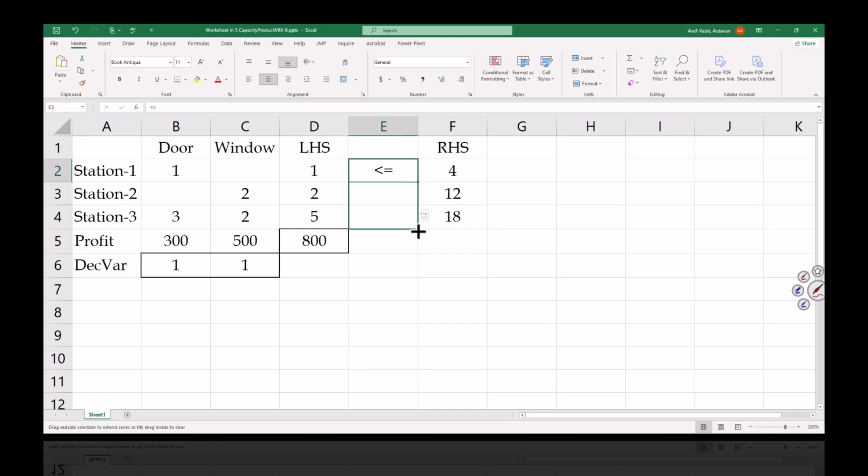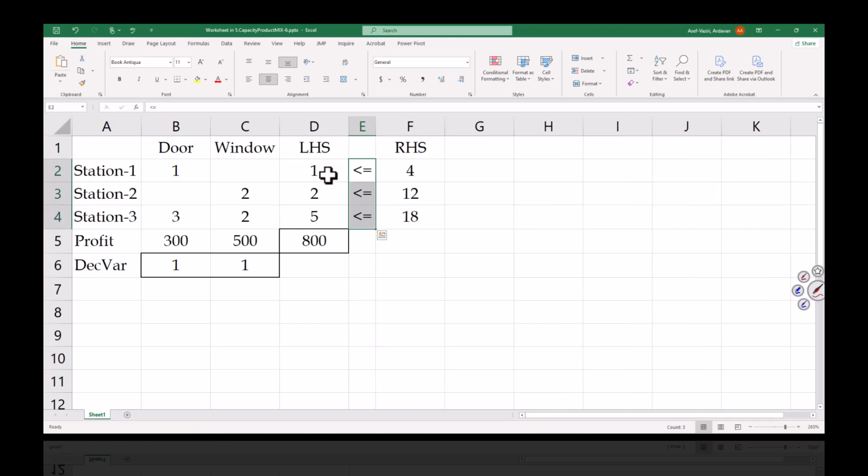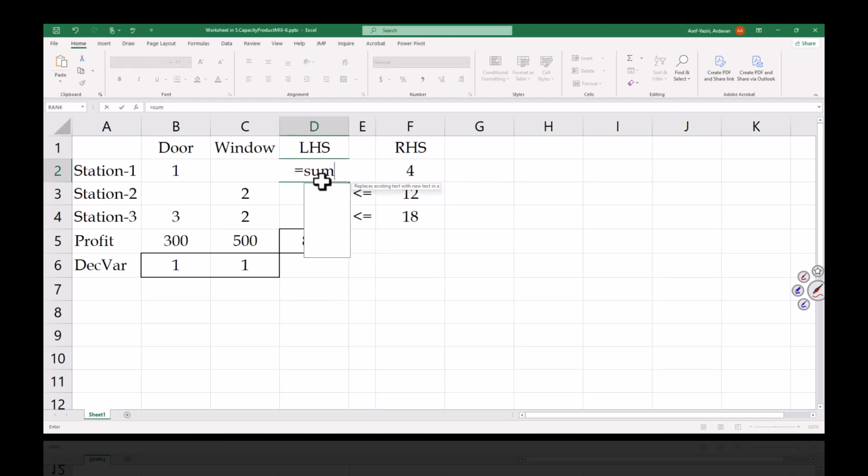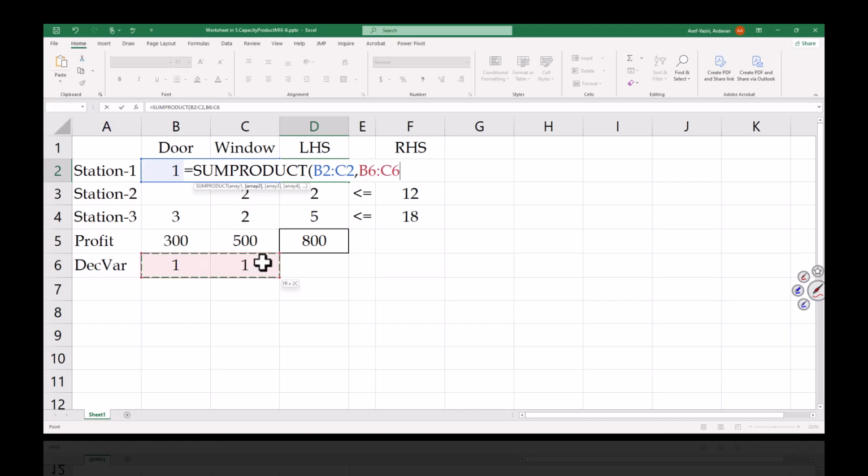Copy this down. But I can make this job a little bit easier. Instead of multiplying these one by one, I can go here and say sum product of this one and this one by one multiplied by this one and this one. And it will give me the same thing.